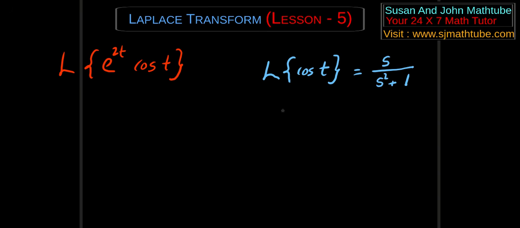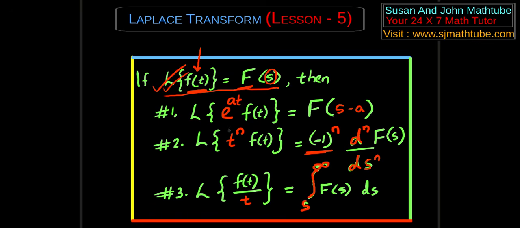Okay, now I'm going to write the Laplace of the same function multiplied by, look at the question, e to the power 2t. Okay, I'll take a sneak peek at the property. If you multiply by e to the power at, what should we do?